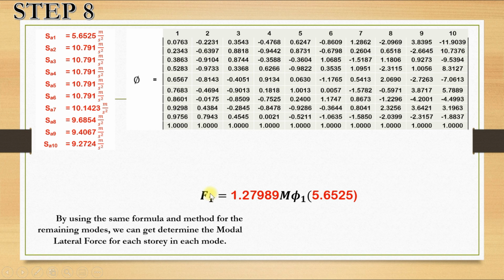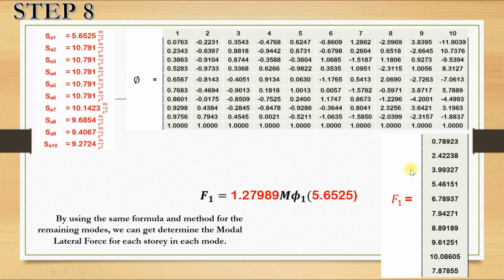For example, kung i-compute natin yung lateral force for mode 1, so gamma 1, which is equal to 1.27989 dun sa kanina. Tapos yung mass, multiply natin sa mass, multiply din natin sa fin 1, or sa mode shape vector, and then dito sa spectral acceleration of the mode 1. So with these values, we will have the lateral force for mode 1.